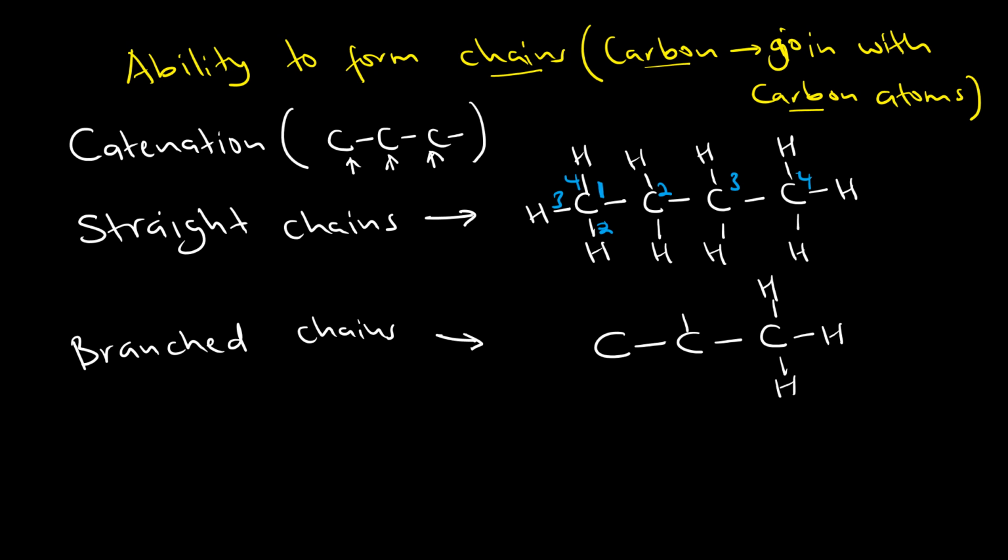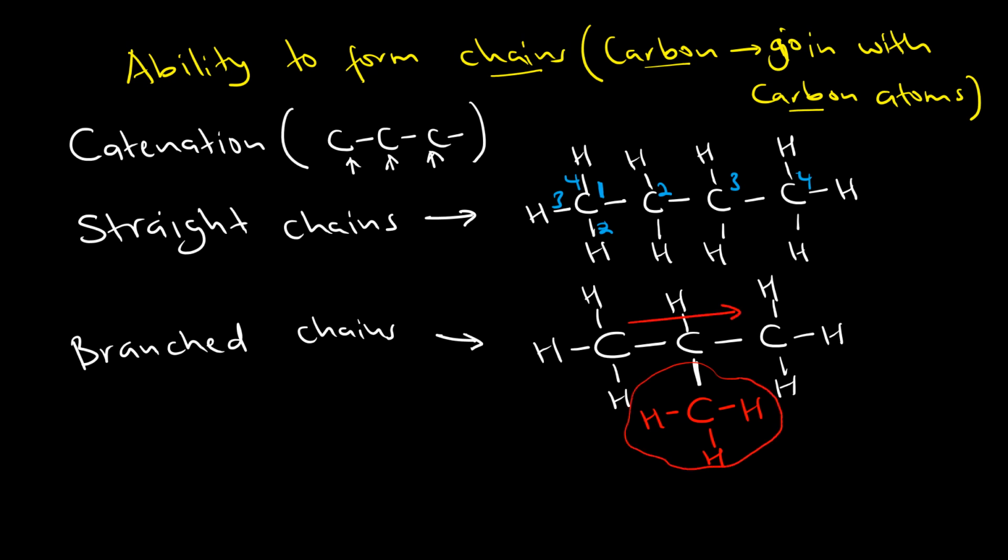We shall see later on why we are sticking to hydrogen. And then here we have the branch. Let me choose a different color. So when you look at carbon here, this other carbon atom is a branch from the main carbon atom. So this one here is like a branch from this other carbon chain. So carbon can also form this kind of arrangement.